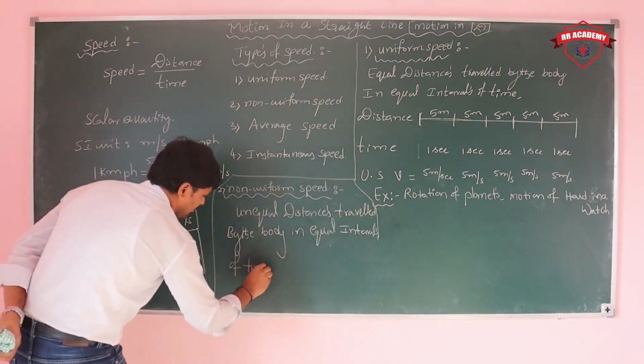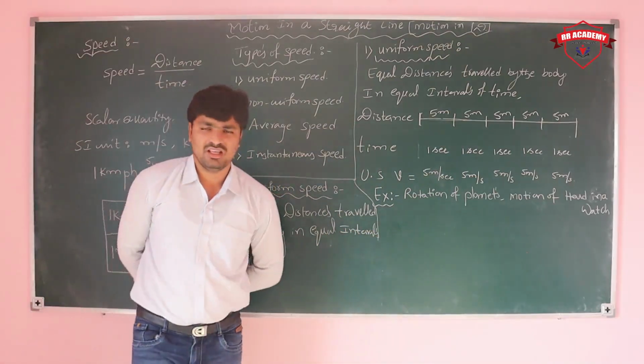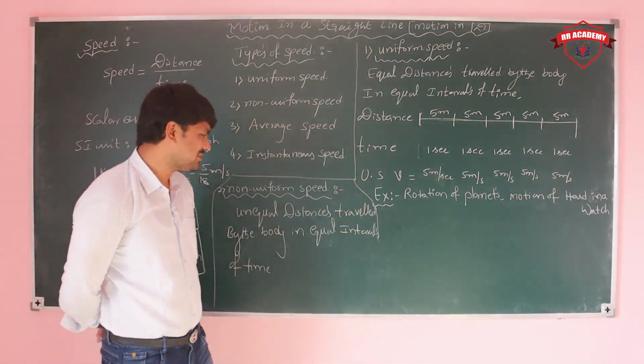Unequal distances traveled by the body in equal intervals of time. That's what we can say is non-uniform speed.